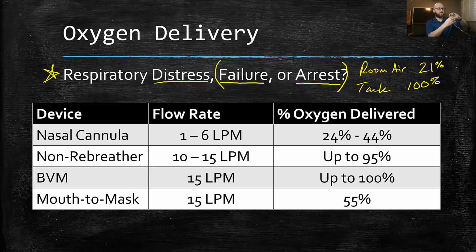So when this person has the nasal cannula in, they're still breathing in a lot of room air that's 21% oxygen, and they're breathing in 100% oxygen from the oxygen tank. So even though we're getting 100% oxygen from the tank, we're still breathing in so much regular room air that it dilutes that oxygen percentage down. So they're getting just a little bit more than just room air. 24 to 44% for nasal cannula.